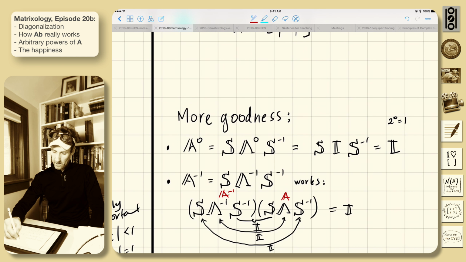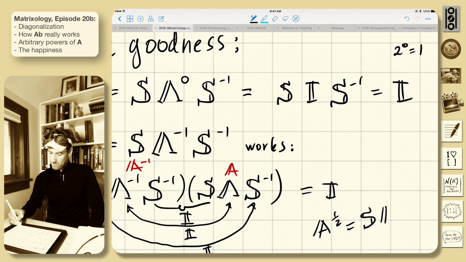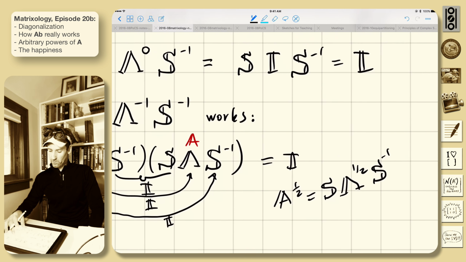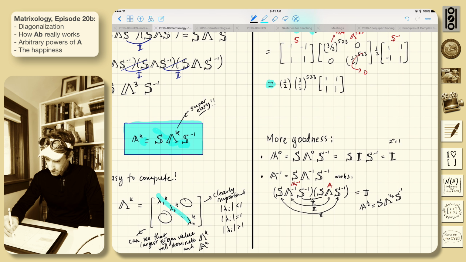You could, if you want, this makes sense too, right? A to the power of a half equals S lambda to the power of a half S to the minus 1. That's cool too.